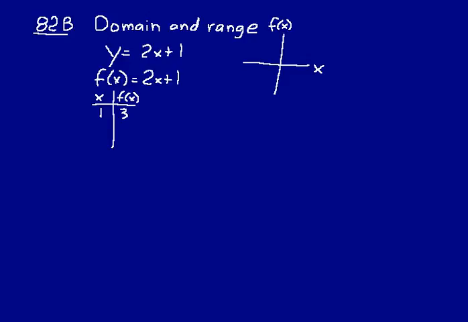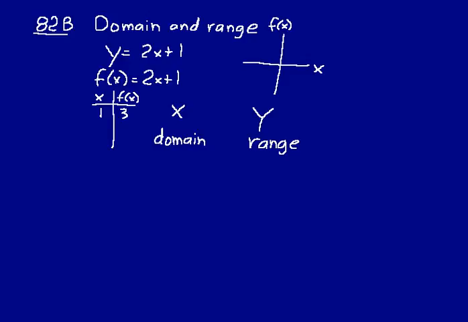Now there's some special words that are used when you're talking about functions. For example, the notation: instead of a y you use an f of x symbol or something else with the x in parentheses. The x values and the y values that you use have special names. The x values, or the set from which the x values come, is called the domain, and the y values are called the range.